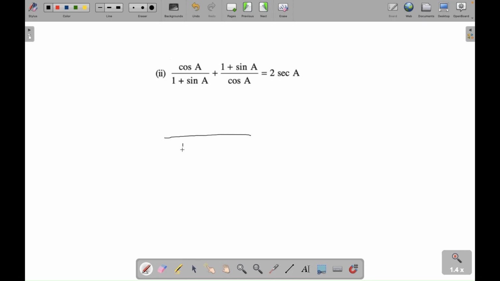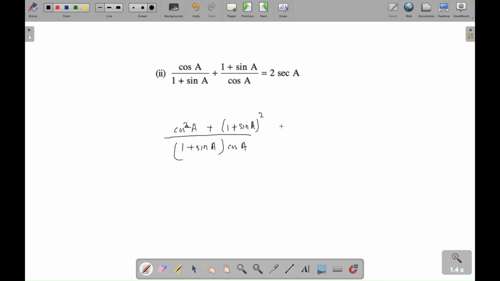We'll get 1 plus sin A into cos A. So 1 plus sin A whole square. Right? So 1 plus sin A times this is cos A, so cos square A plus 1 plus sin A whole square. Now it is just a matter of expanding this.